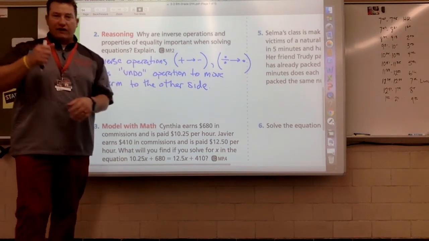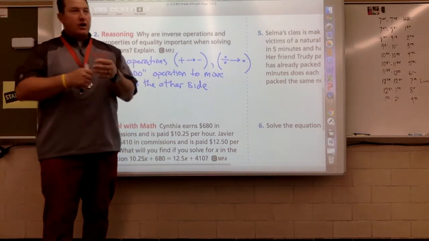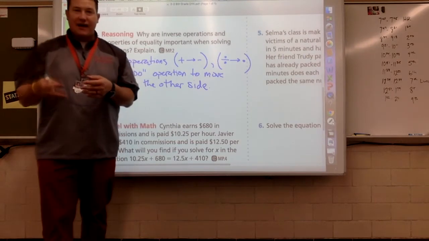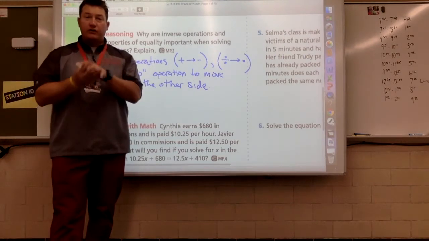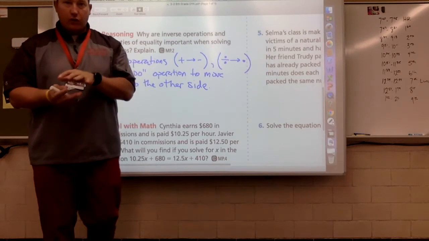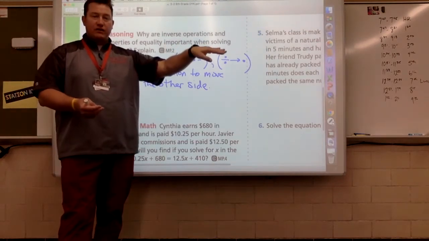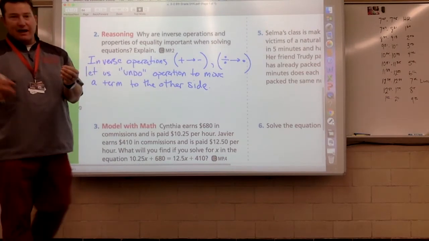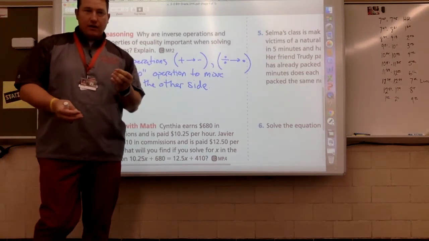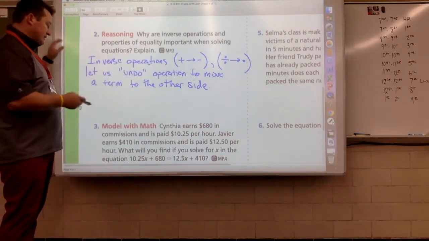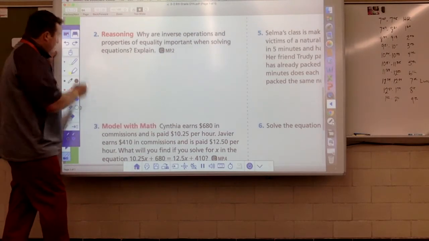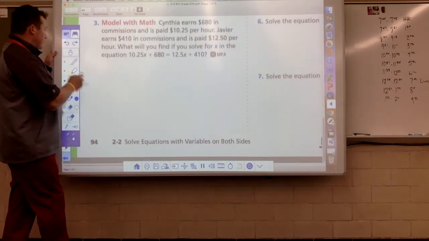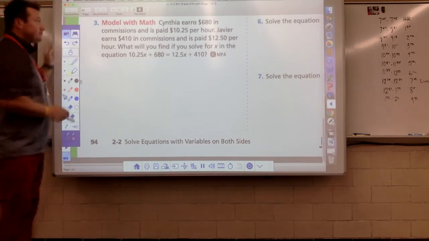Okay? So if we see subtraction, we have to do the opposite. We have to add it, right? Because basically we want it to undo itself, cancel itself, go away, and then we can do the same thing to the other side of the equation. Okay? By doing that, guys, we don't really change the meaning of the equation, right? That's key.